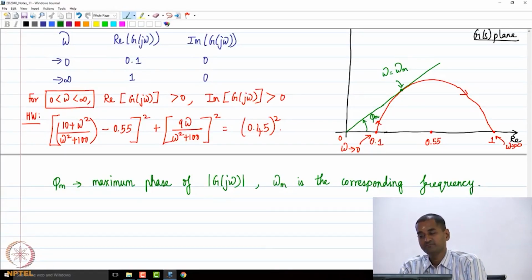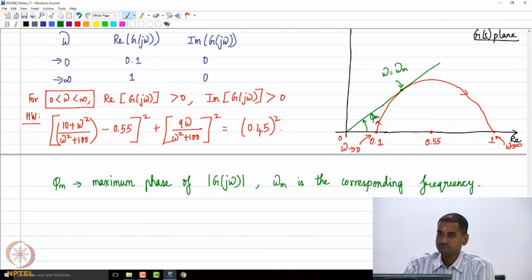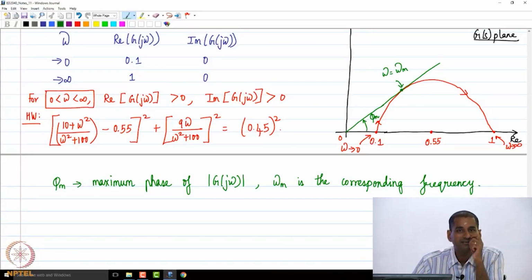Is there a way to calculate phi m, even using geometry? Phi m is that angle. I am sure all of us agree. Just using geometry, can you calculate phi m?